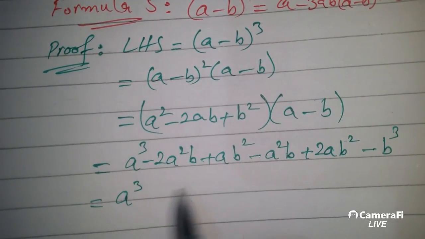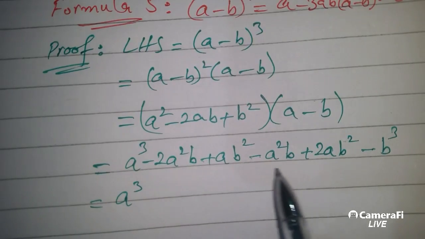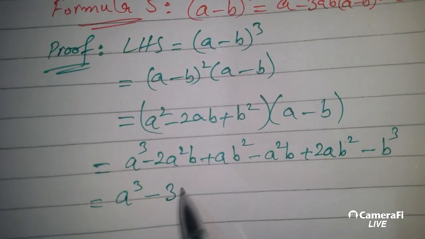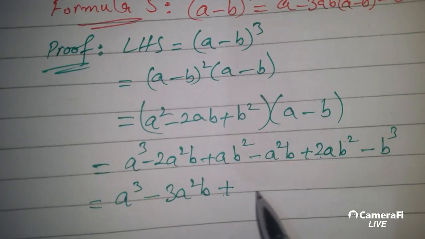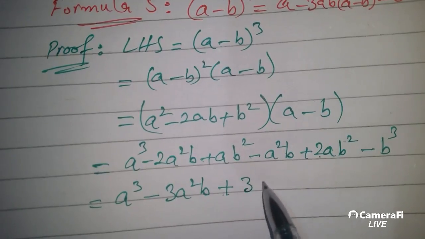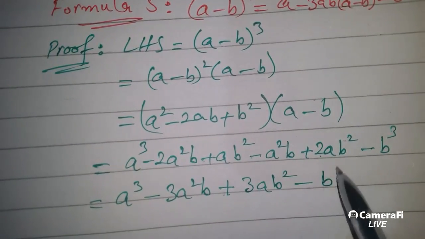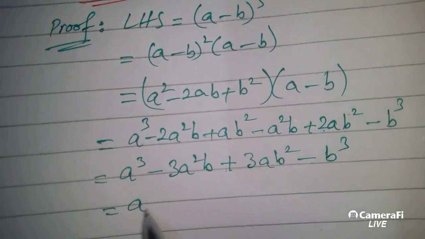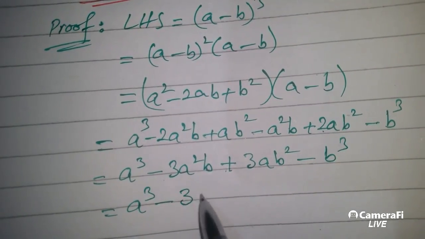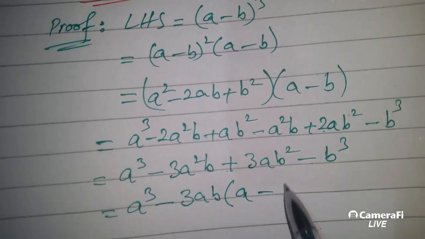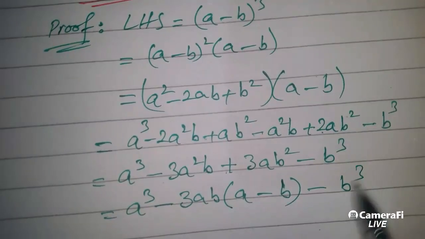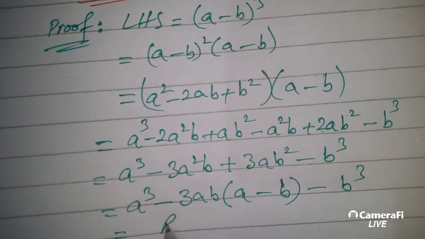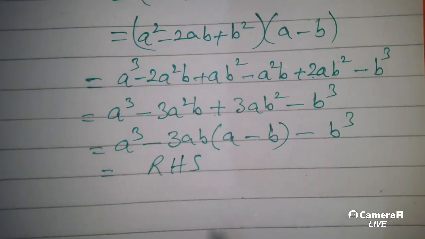Again, combining the terms, minus 2a square b minus 1a square b becomes minus 3a square b. Similarly, 2ab square and 1ab square becomes 3ab square. Now again I can take minus 3ab as a common factor, and this is what is left in these two terms, and this is the right hand side of the formula. Hence proved.